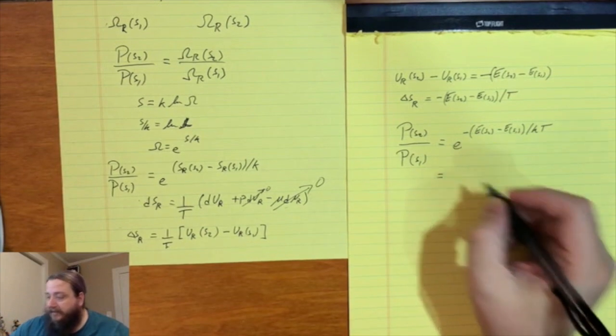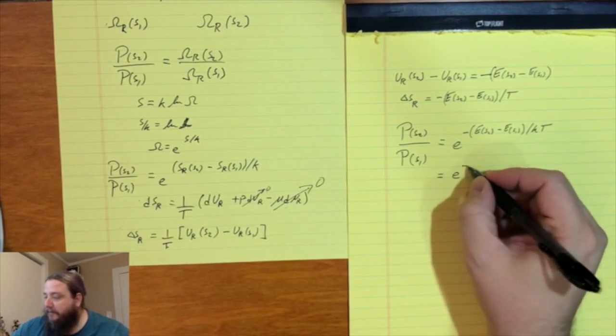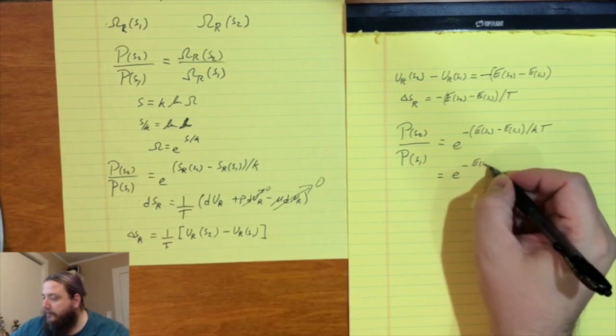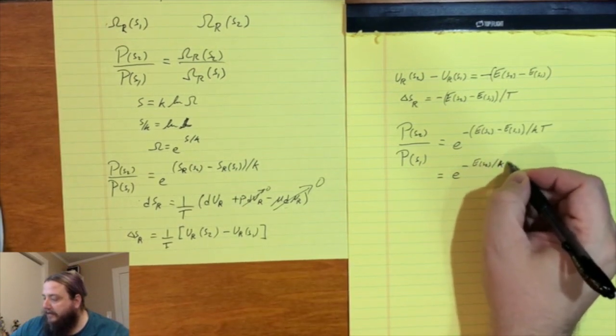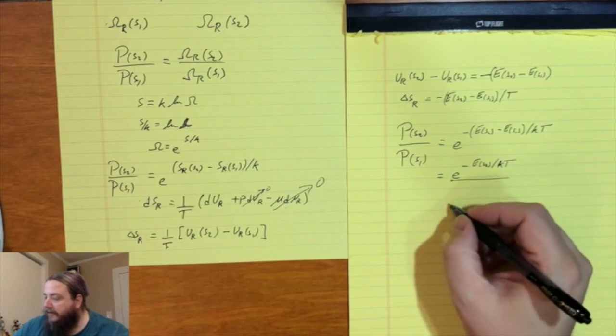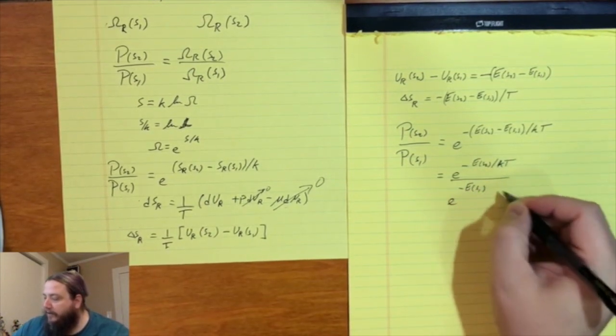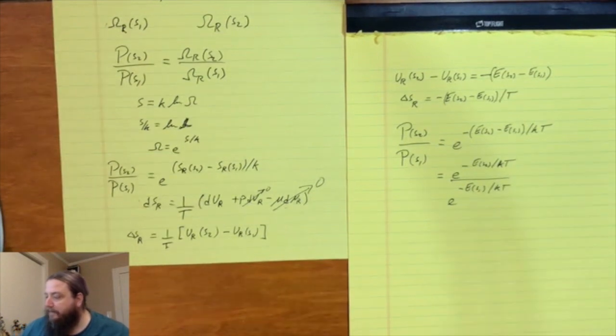Or we could write this as e to the minus energy of state 2 over kT divided by e to the minus energy of state 1 divided by kT.